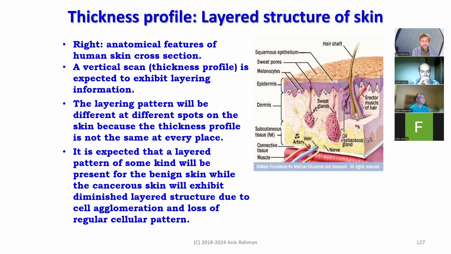Another part of the same approach is that the skin is a layered structure. This layering definition also changes as the cells agglomerate on the onset of tumor formation. The layering structure changes as well. And we can monitor that by thickness profiling, by T-ray, because T-ray is penetrating through the skin.